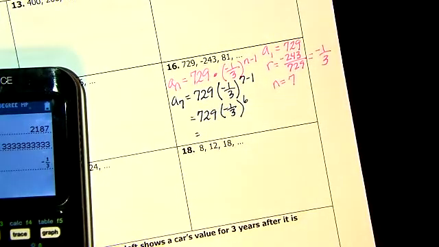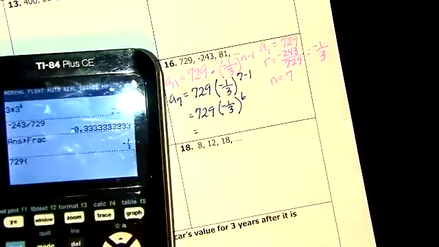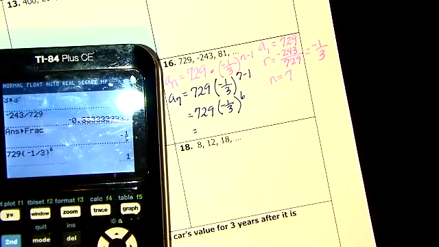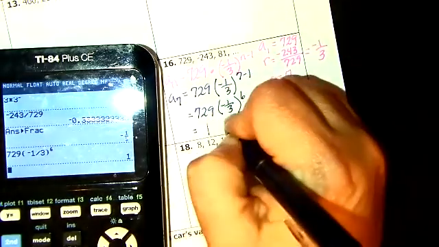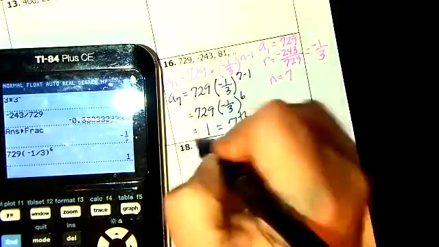So I have 729, open parentheses, negative 1 divided by 3, close parentheses, raised to the 6. Enter. And we end up with 1. That is the 7th term.